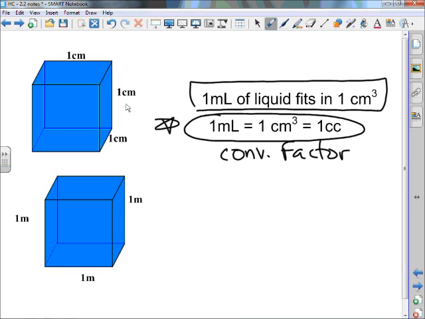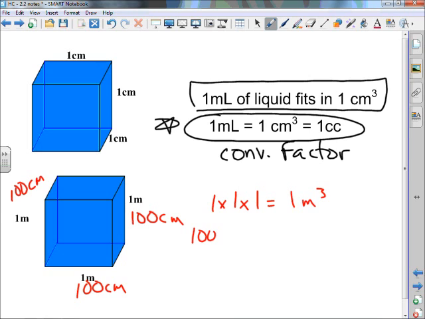Now, if we have something that is 1 meter on a side, that's really 100 centimeters on each side. Well, what we have here is a situation where we have to take into account the volume. 1 meter times 1 meter times 1 meter is equal to 1 meter cubed.